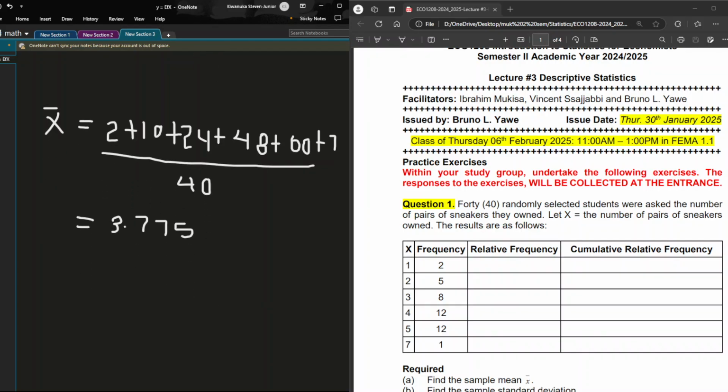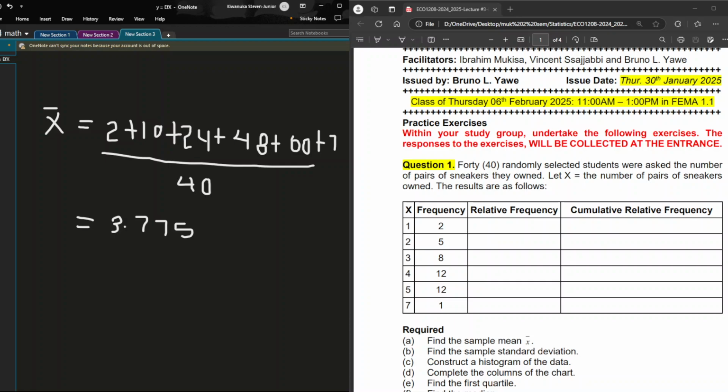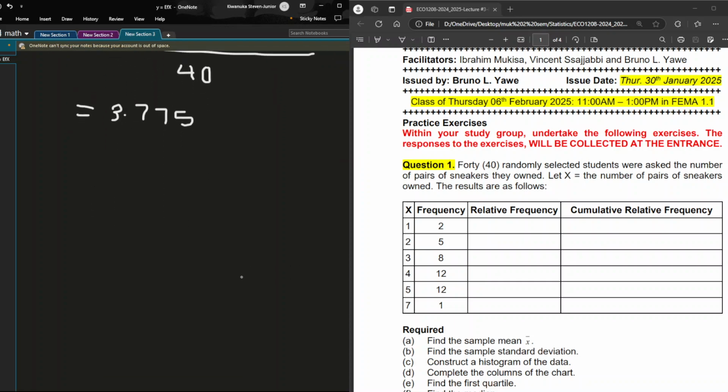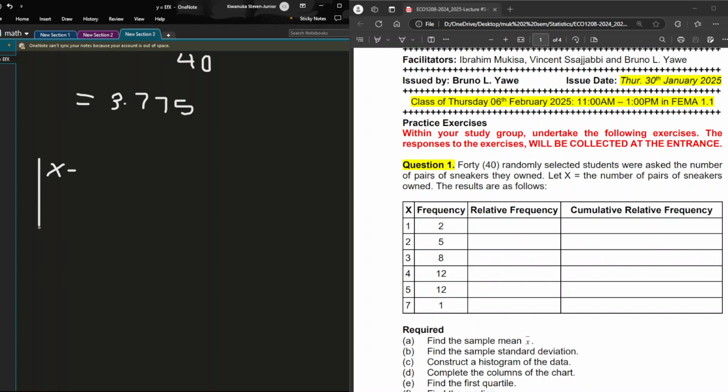They say find the standard deviation. Now, finding the standard deviation for ungrouped data, we should find our x minus x bar. In addition to this table, I'll create another column called x minus x bar.